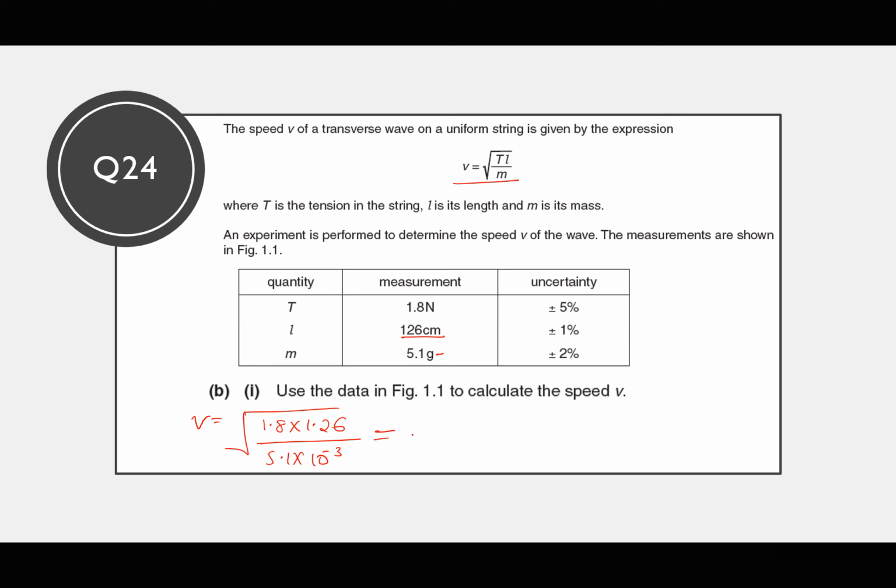Pressing the calculator: 1.8 times 1.26 divide by open brackets 5.1 exponent negative 3, then square root. So this is giving me 0.088 meters per second.